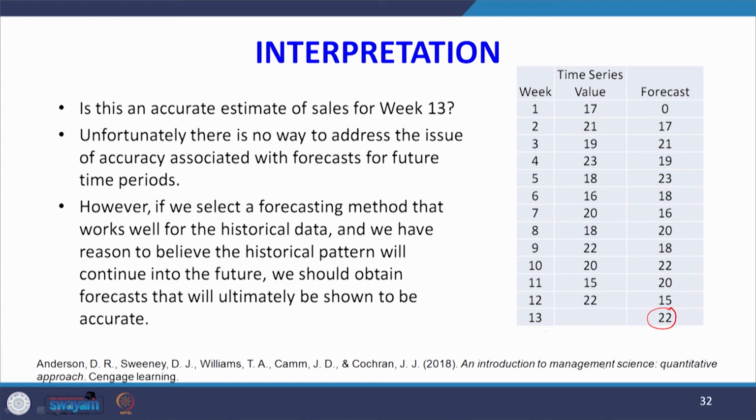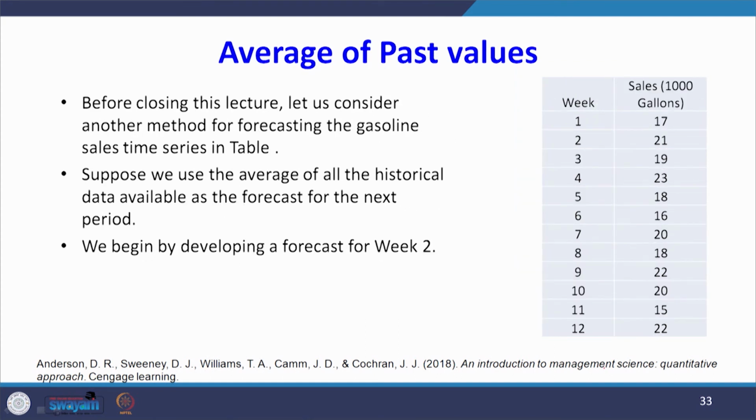There is no guarantee this pattern will be repeated in future also. If you believe that the same pattern of sales for the first 12 weeks will also be replicated in future, then we can use this naive forecasting method.